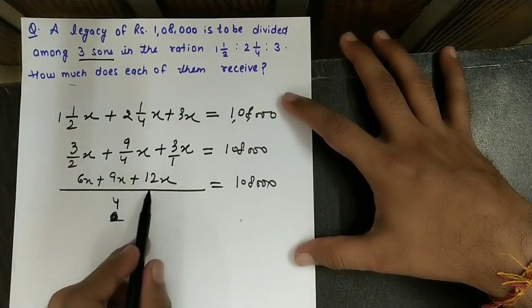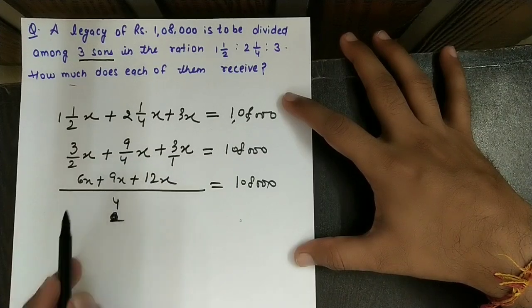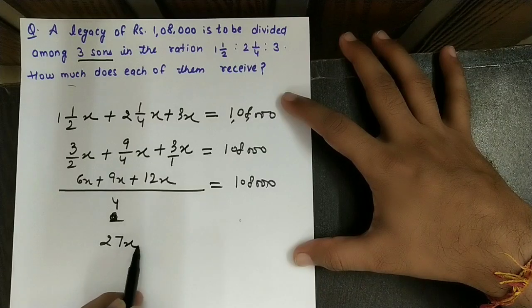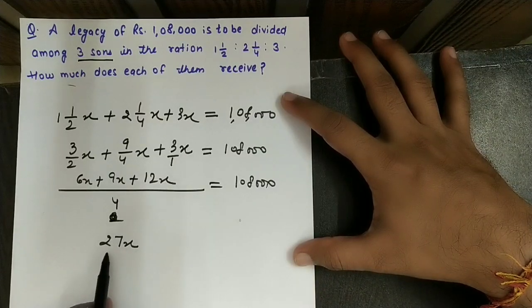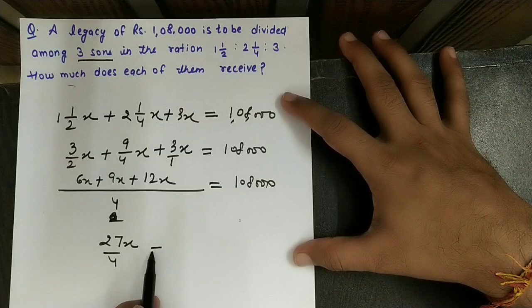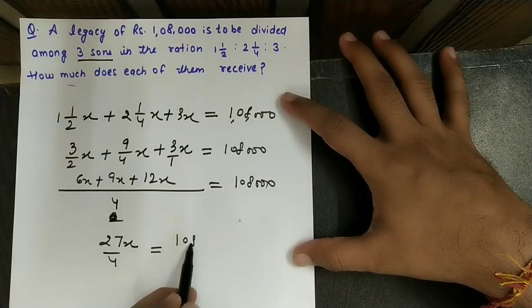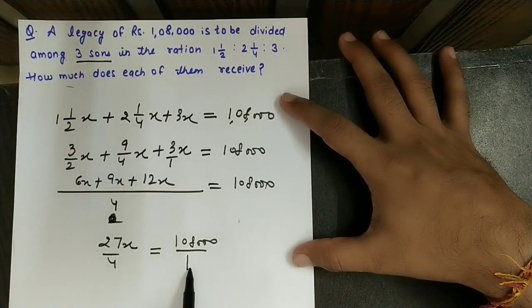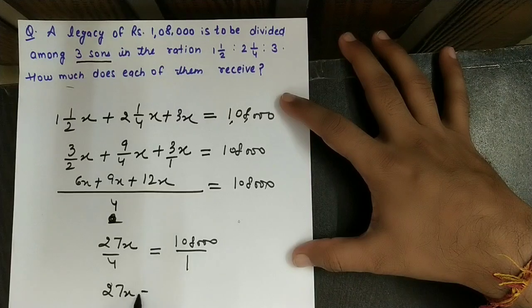Here the sum of these three is 12 plus 9 plus 6, 27x divided by 4, equal to 1,08,000 divided by 1. Do cross multiplication. 27x into 1 is 27x, and this will be 1,08,000 into 4.